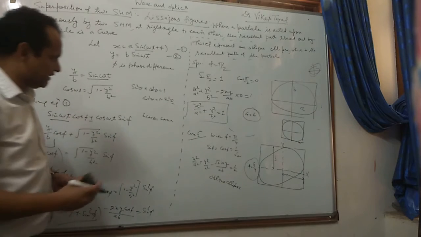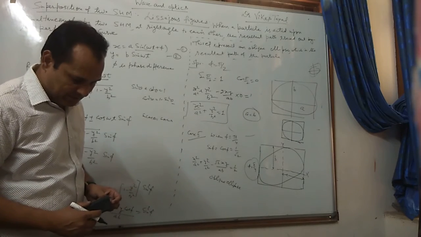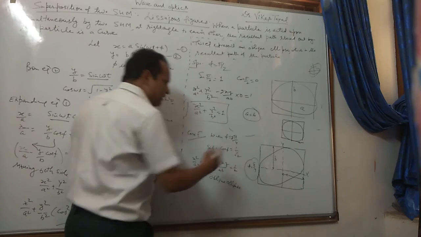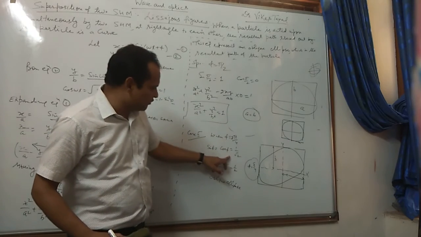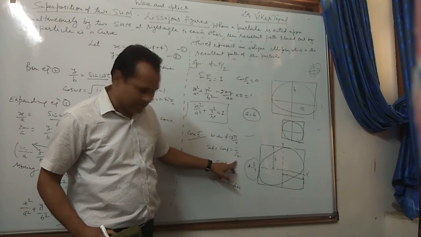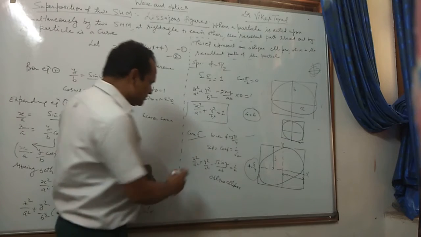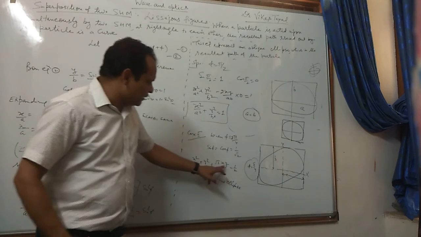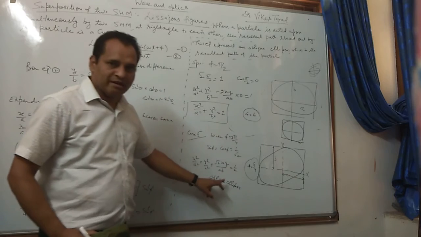Now the fourth case: φ = 3π/4. So sin φ = 1/√2 and cos φ = −1/√2. The equation reduces to x²/a² + y²/b² + √2 xy/ab = 1/2.